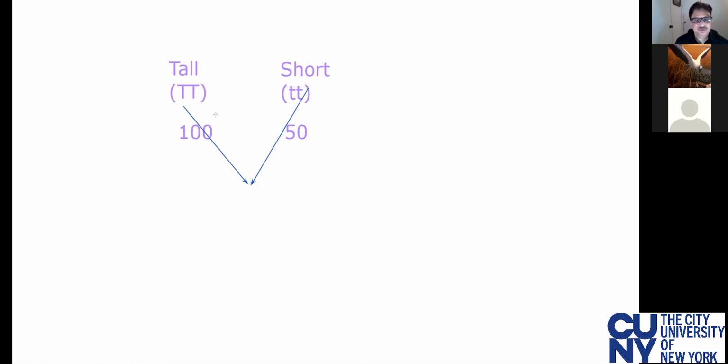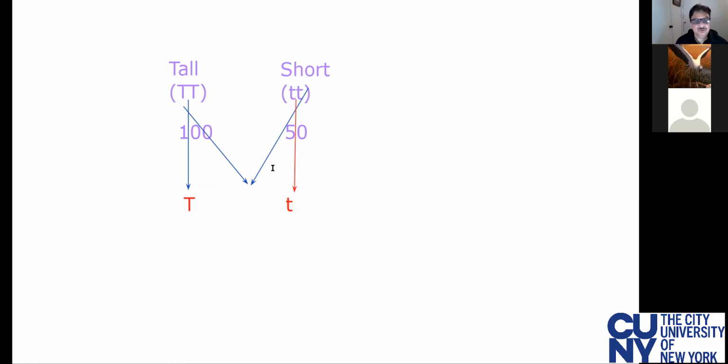When meiosis occurs, there will be a reduction in the chromosome number, by half. So this will become big T, and this will become small t.